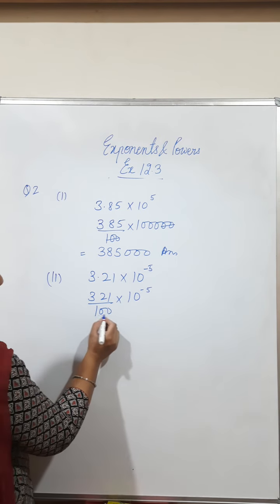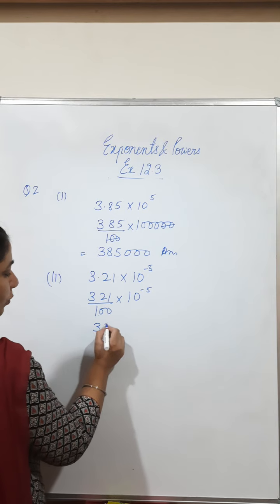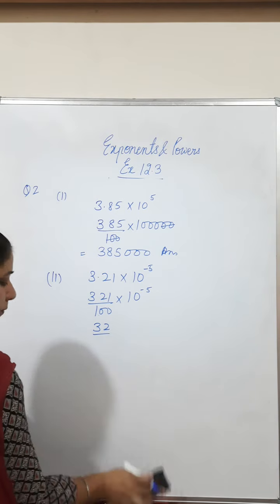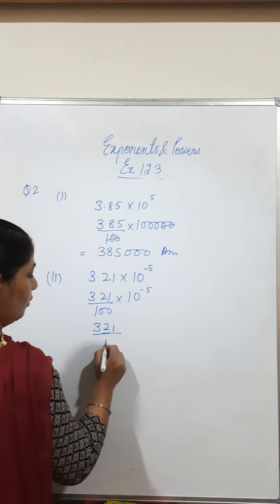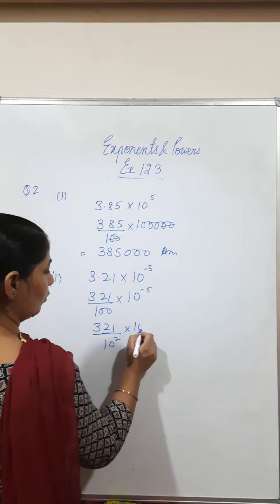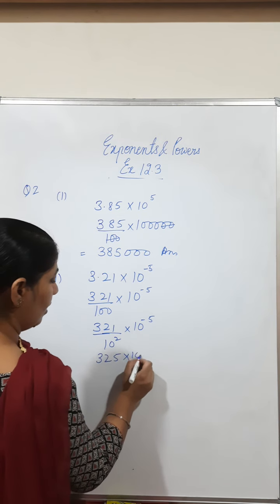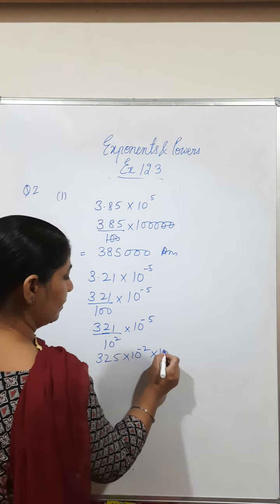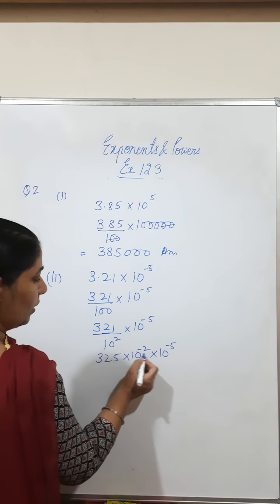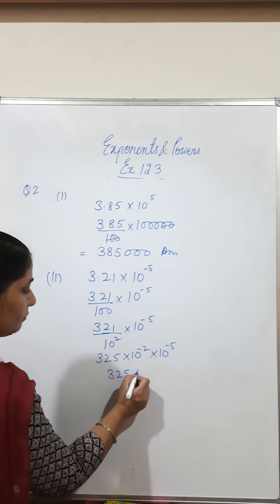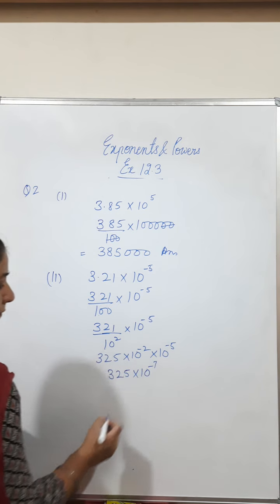So 100 means 10 raised to power 2. So 10 raised to power 2, when you take it to the numerator, it will become 10 raised to power minus 2, multiplied by 10 raised to power minus 5. So as you can see, minus 2 and minus 5. When you will add minus 2 and minus 5, it will become 10 raised to power minus 7.